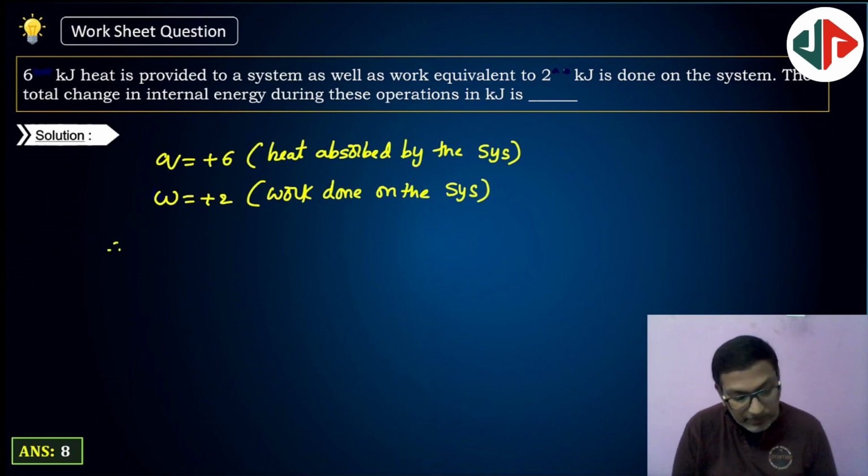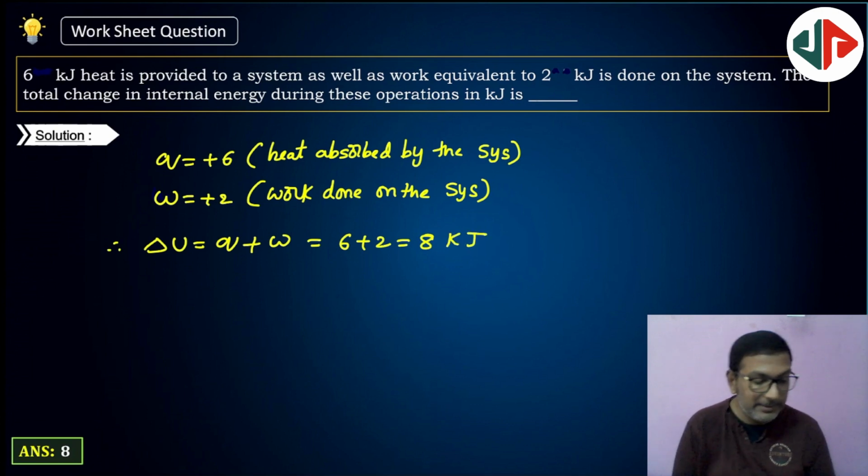So, from the first law of thermodynamics, delta U equal to Q plus W. Q is 6 plus 2, that is 8 kilojoules. So, internal energy change is 8. Therefore, 8 is the answer.